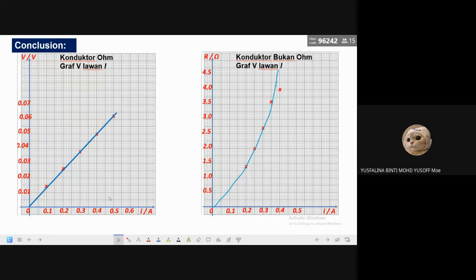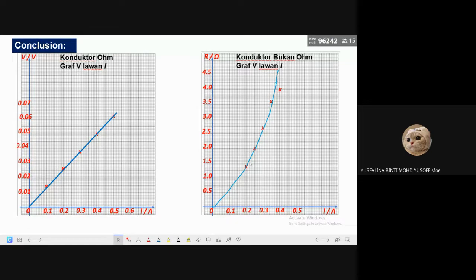This graph is directly proportional, so it passes through the origin. And for this one, it is not a straight line, so even though it passes through the origin, it is not directly proportional, and the resistance keeps changing.